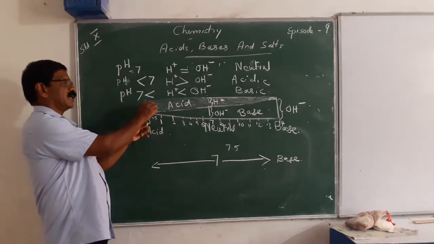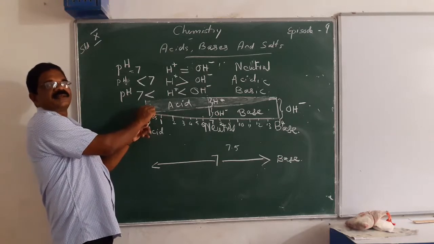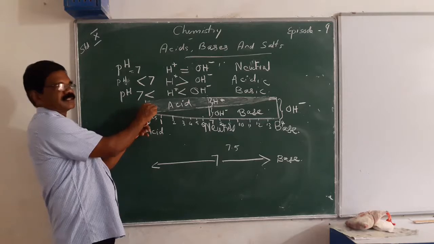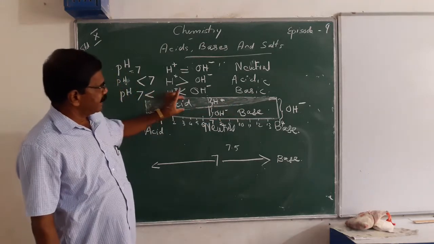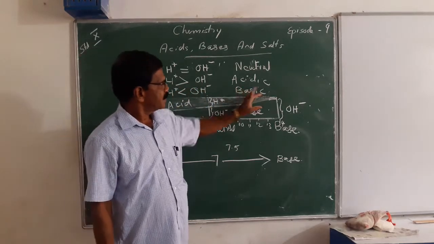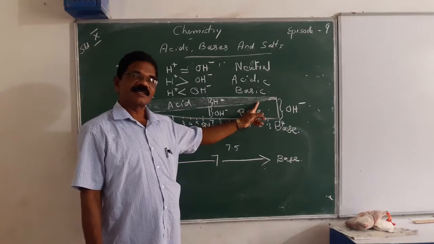An acid shows acidity when the hydrogen ions increase. From 0 to 7, hydrogen ions decrease, so acidity also decreases.